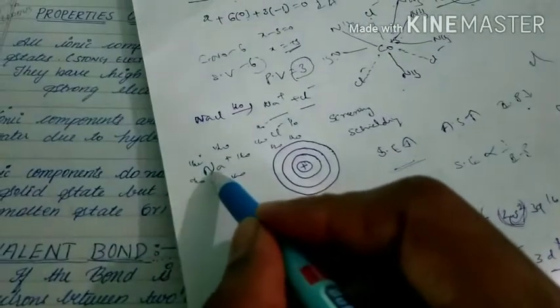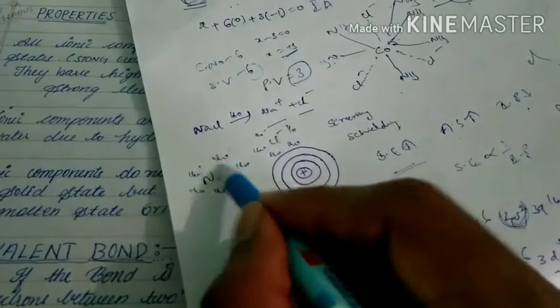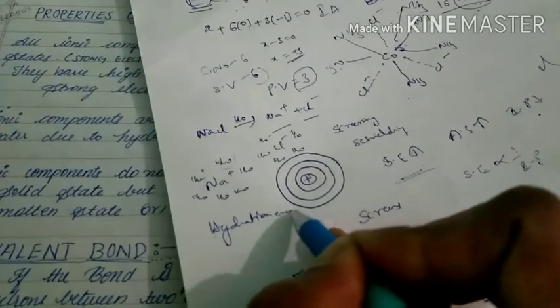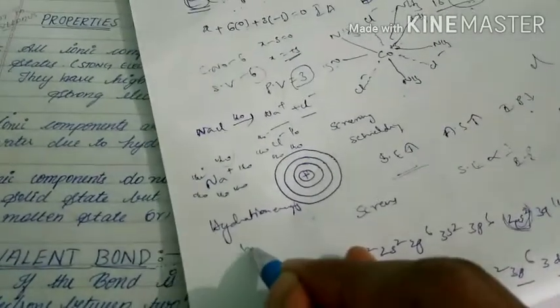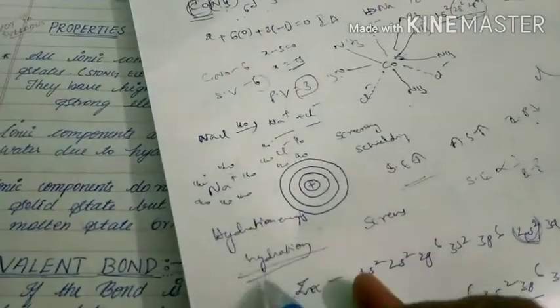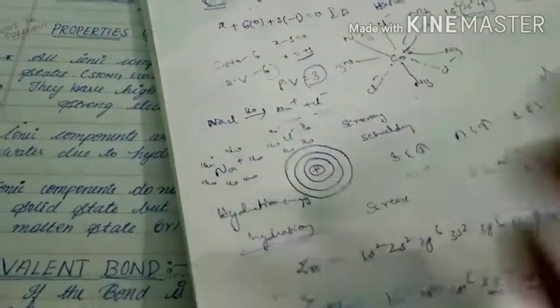Between these water molecules and ions, some forces exist. Those forces are called hydration energy. That phenomenon is called hydration. Because of this hydration energy or hydration, the solubility of substances increases.